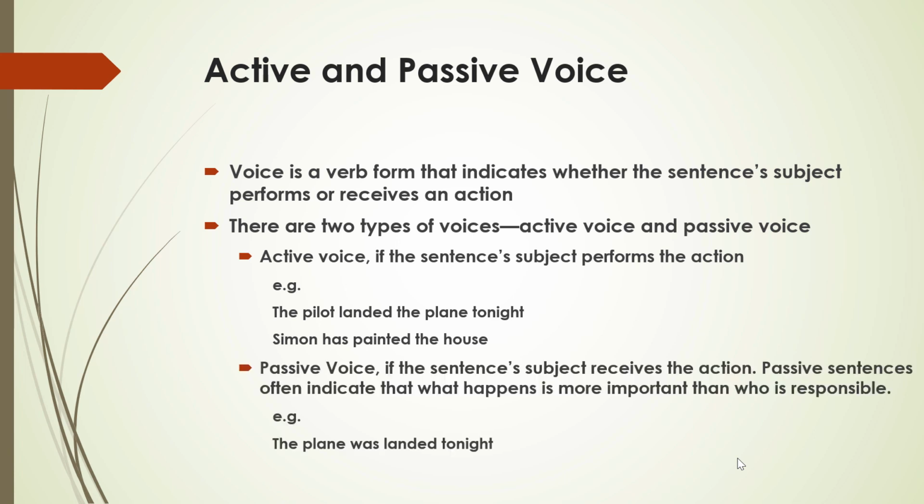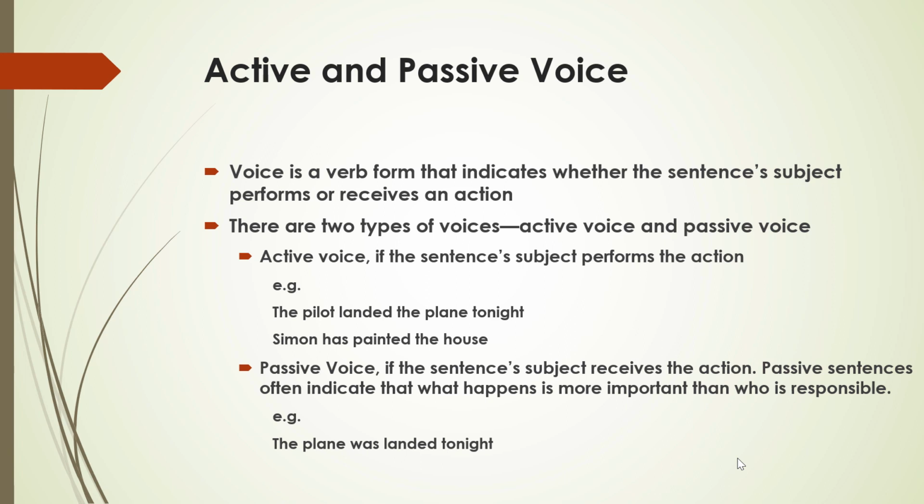The second one is passive voice. A sentence is considered as a passive voice if the sentence's subject receives the action. Passive sentences often indicate that what happens is more important than who is responsible.